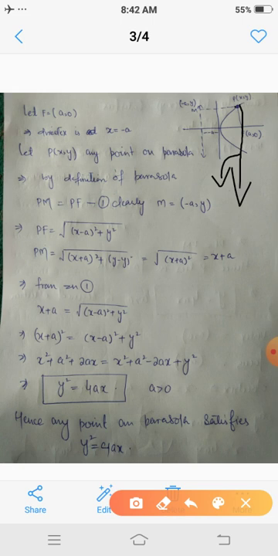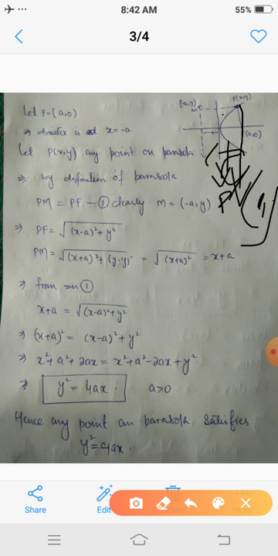This intersects the parabola at point P(x, y) and P dash, and the coordinates of this point P dash are (x, minus y). So these are the coordinates of the point. Similarly, if we consider a point here, suppose its coordinates are (a, b), then the point (a, minus b) also lies on this parabola.